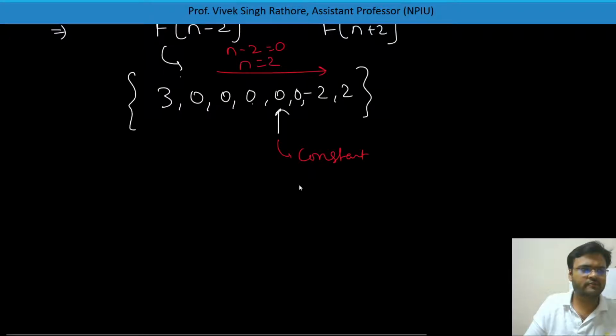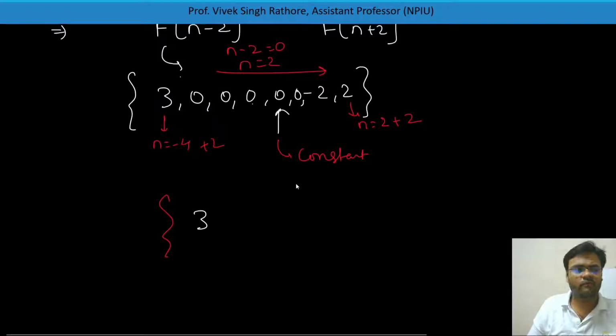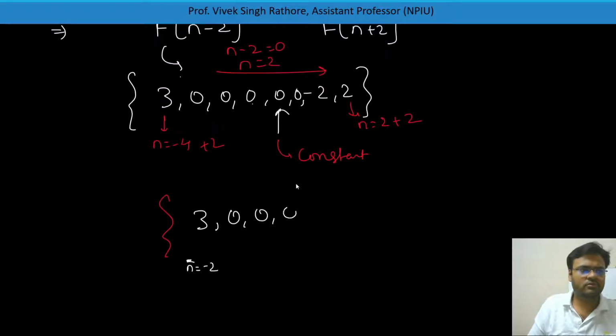Every value, like this value that was at n is equal to -4, you need to add plus 2 to every n. So overall the signal will be 3 only, and -4 plus 2 will be -2, so we take n is equal to -2 for that value, then 0 0 0 0 0, then -2 and 2 will be there.